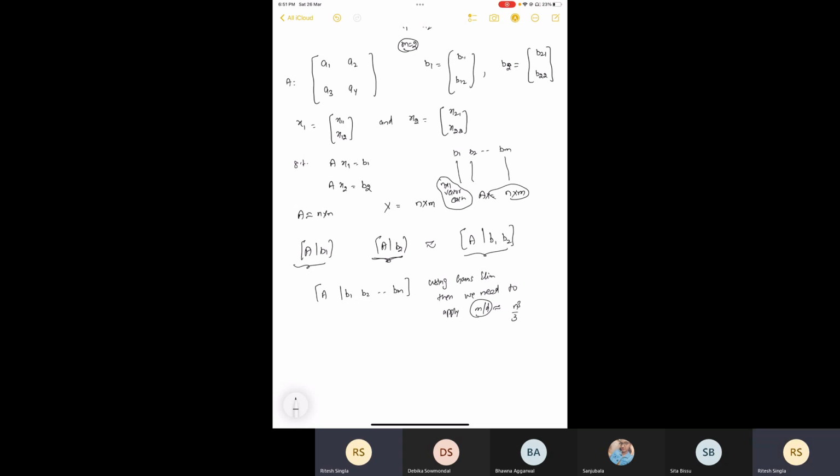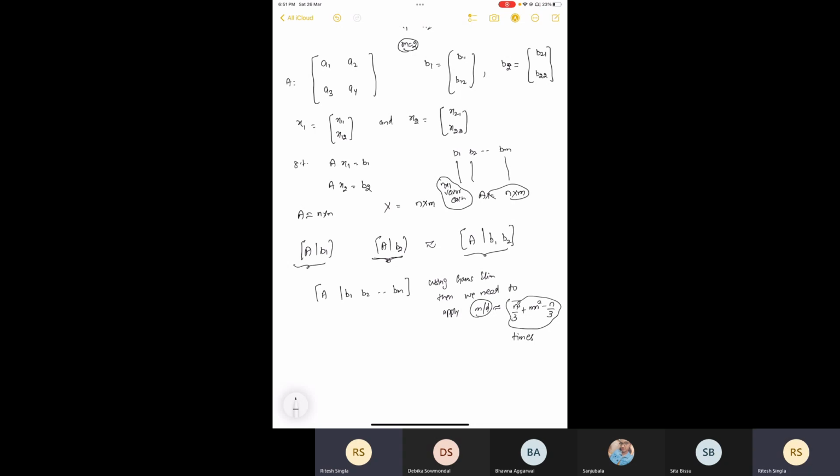How many times? N cube upon 3 plus mn square minus n upon 3 times. See, this is not the exact figure. You might have zero somewhere, so you might not need to do the calculations for each pivot entry. So this is the maximum.